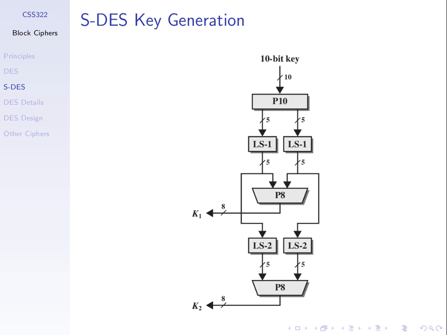Let's move along. We need to generate round key K2 as well. We need 2 round keys because we have 2 rounds. We take what we had before the P8, do a left shift by 2 positions on each of the halves. That is, we take this, I'll write it up here, the 5 bits and the 5 bits, and on each 5 bits we do a left shift by 2 positions.